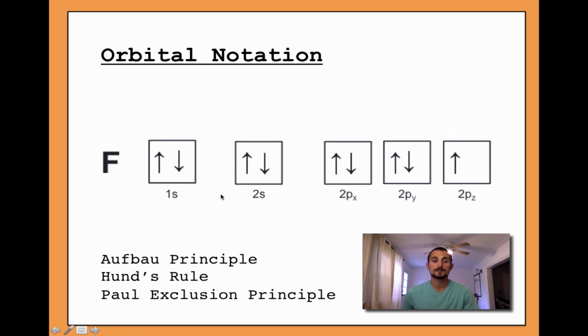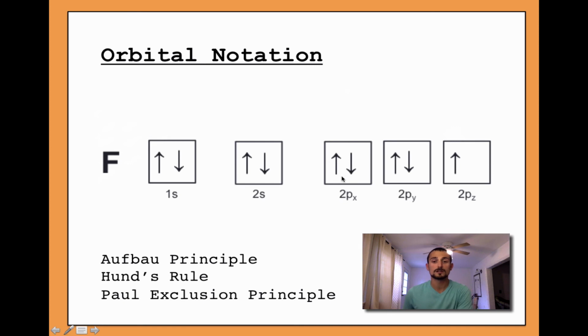Hund's rule says that if we have multiple orbitals that we're filling in that sublevel, you put in 1 electron in each first, so you're basically balancing out the energy and the charge before you start doubling up. And then the Pauli exclusion principle says no 2 electrons have the same quantum numbers.